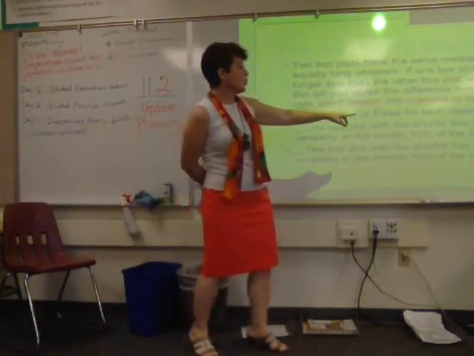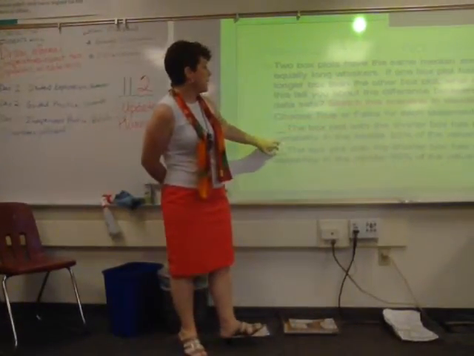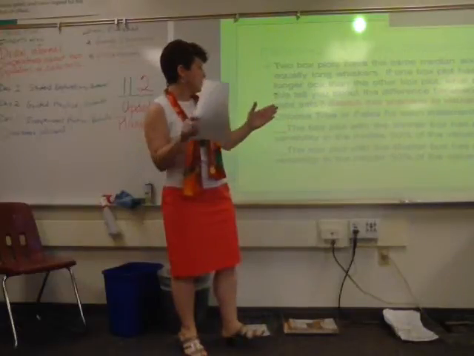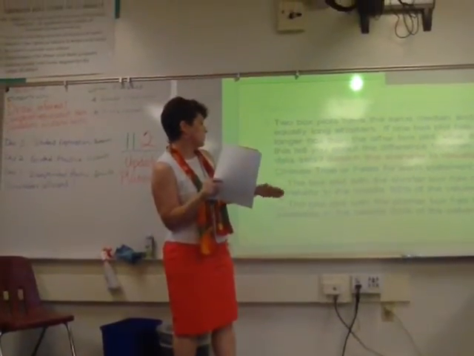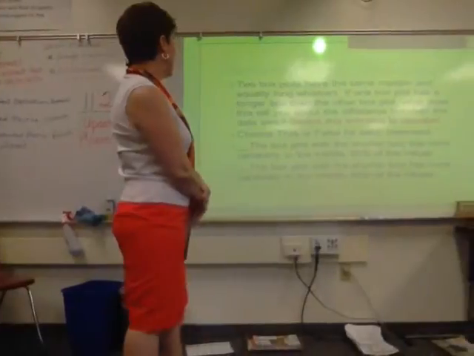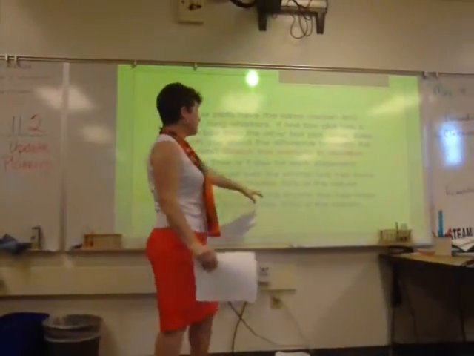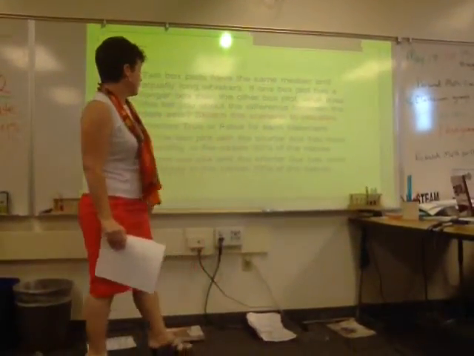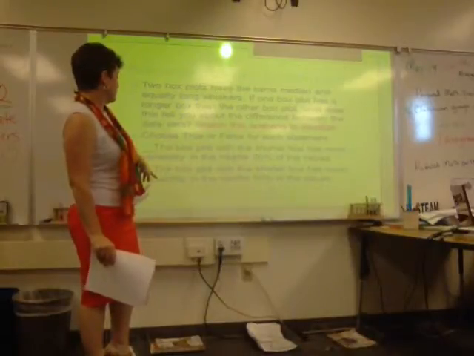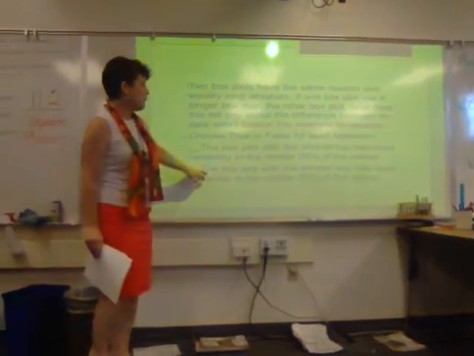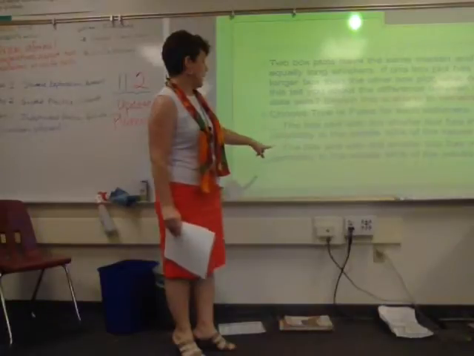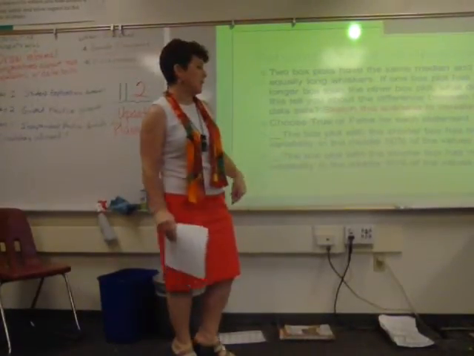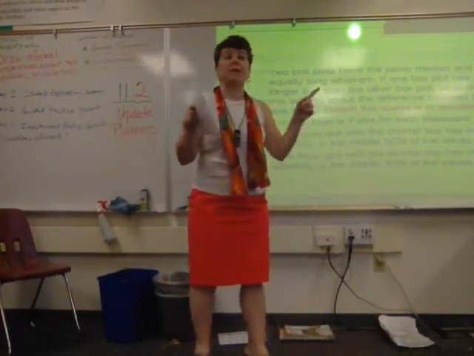The box plot with the shorter box has more variability in the middle, or does the longer box? The box plot with the longer box has more variability in the middle 50% of the values.